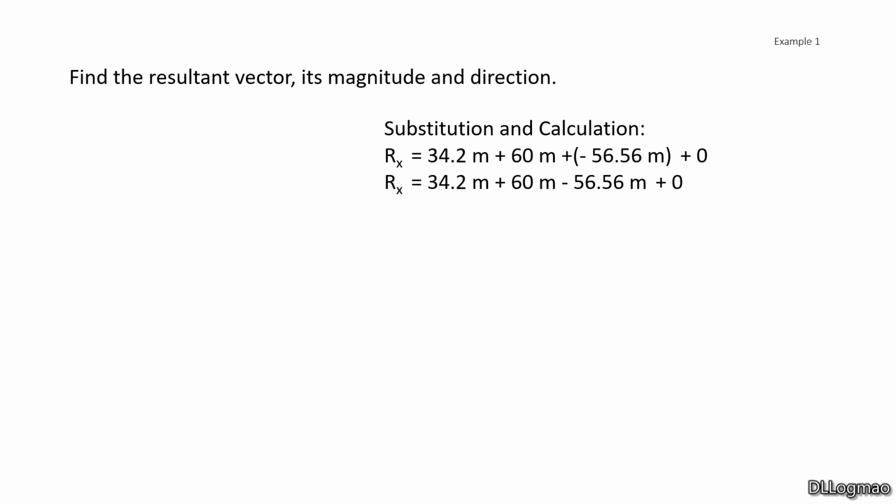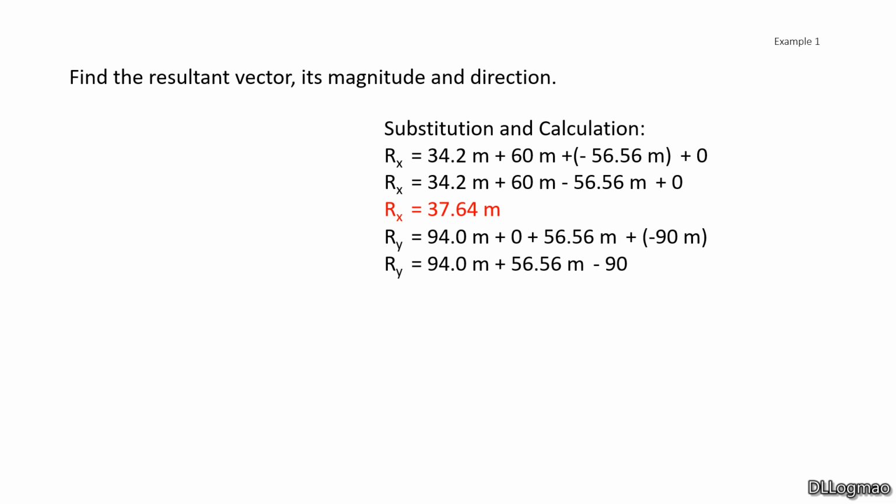The result of R sub x is 37.64 meters. The sum of the y components, R sub y, is equal to the sum of 94 meters, 0, 56.56 meters, and negative 90 meters. R sub y equals 60.56 meters.